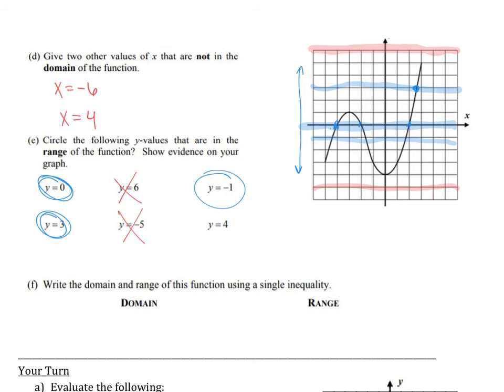And then y equals 4. That's going to be right 4, right here. That one still is because it still crosses through the graph. So this is also good. All right, so hopefully you can see those blue ones are in the range because it's crossing through the graph. Those ones that I crossed out are not in the range because they're either above or below the graph.